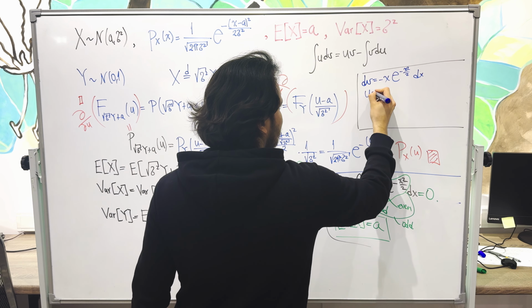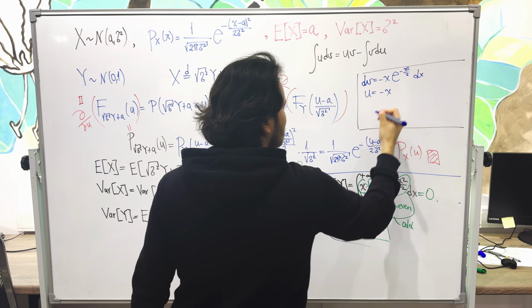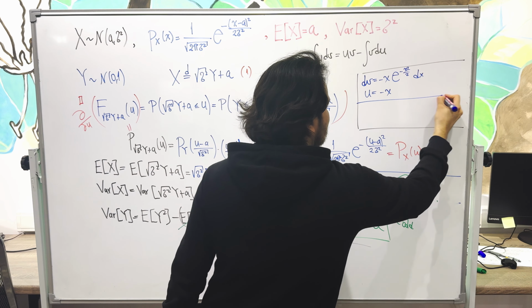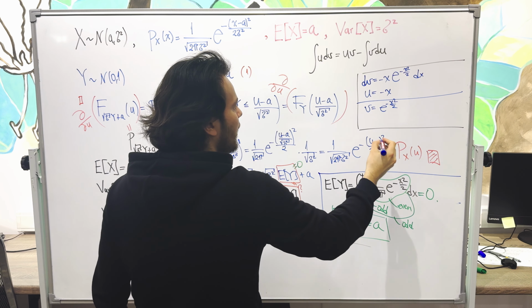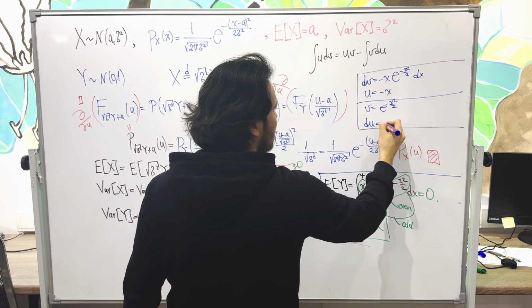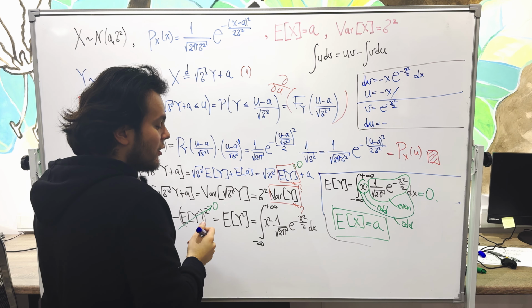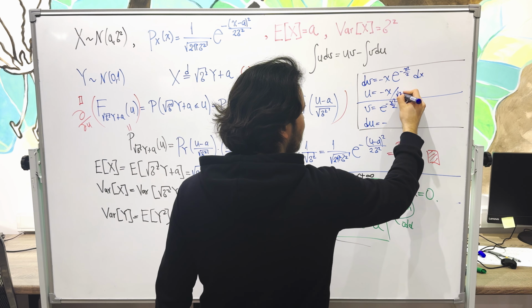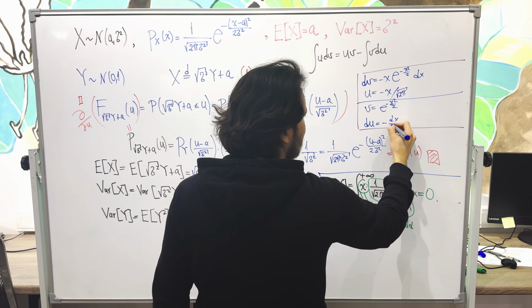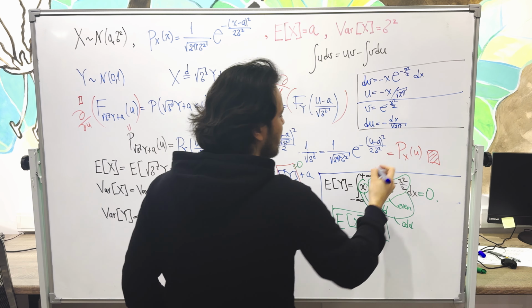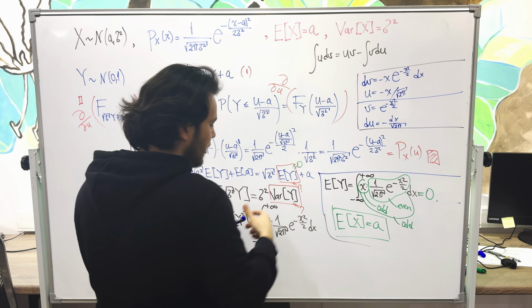Well, the only option left is that u has to be minus x, right? So this means that v equals e to the minus x squared divided by 2. Sorry, I forgot here about the constant, 1 divided by the square root of 2 pi, so let me write that over here. And then du is going to be minus dx divided by the square root of 2 pi.